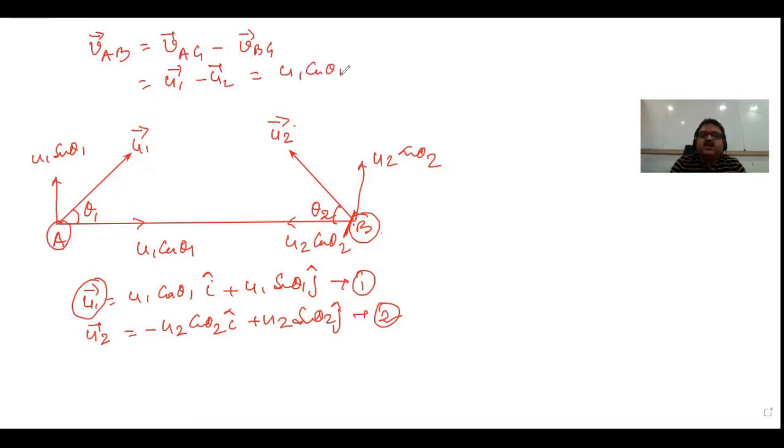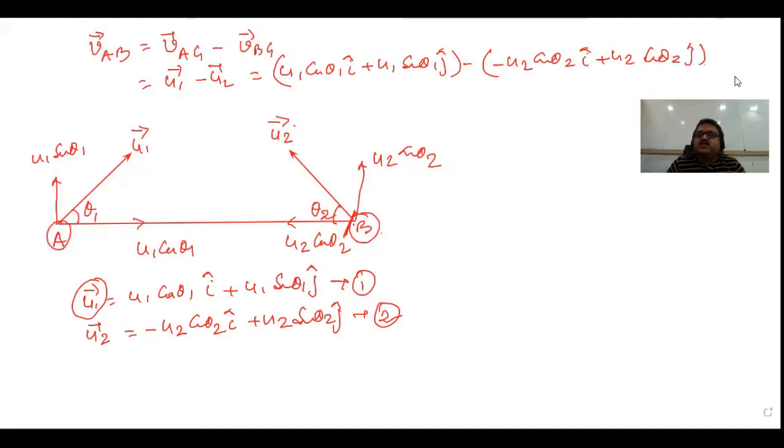u1 cos theta 1 i cap plus u1 sin theta 1 j cap, minus the quantity minus u2 cos theta 2 i cap plus u2 sin theta 2 j cap.